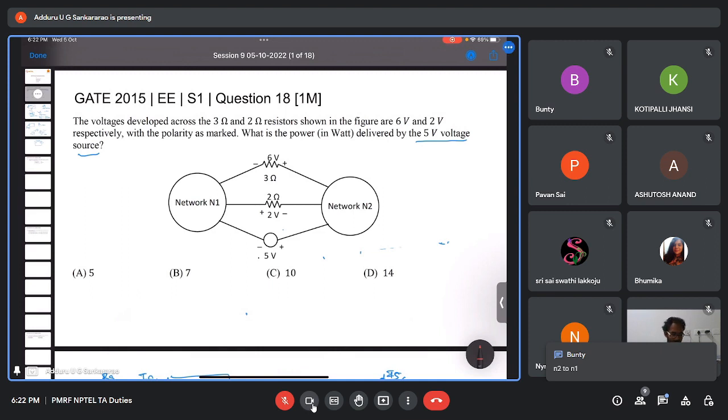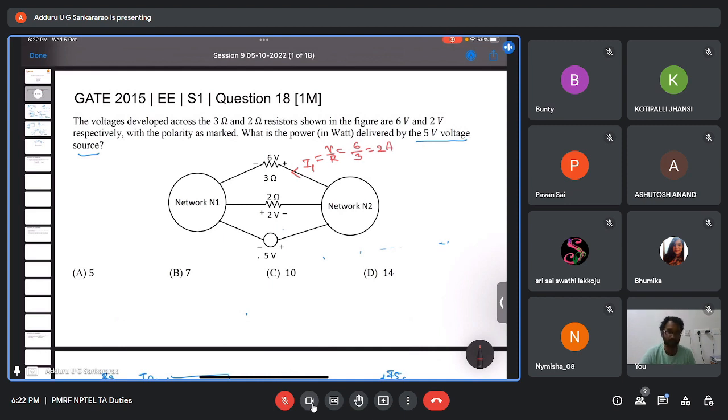N2 to N1, because in a resistor current always enters at the plus terminal. So this is the current direction. Let us say this is I1. Now what is I1 here? I1 is, we know, V by R. So voltage across resistor is 6 volts and resistance is 3, so 2 amps.